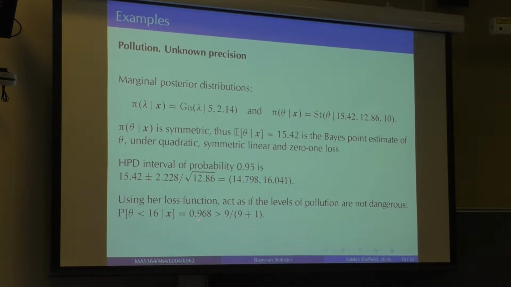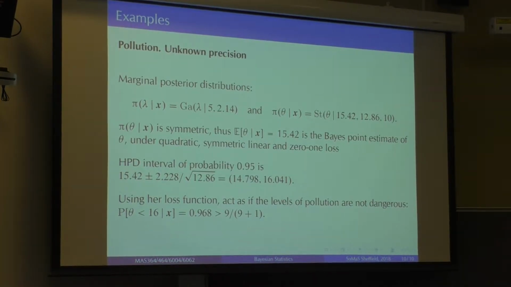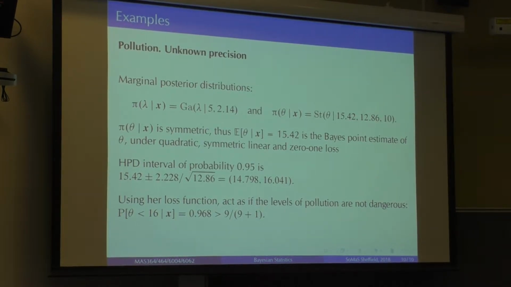So we can act as if the pollution levels were safe. Okay? So again, the mechanics are exactly the same regardless of the dimension of the problem. The only thing that we need to do is to find the corresponding marginal, or the corresponding relevant distribution.